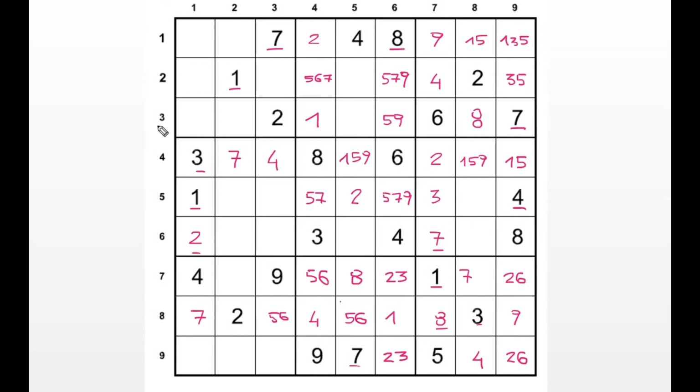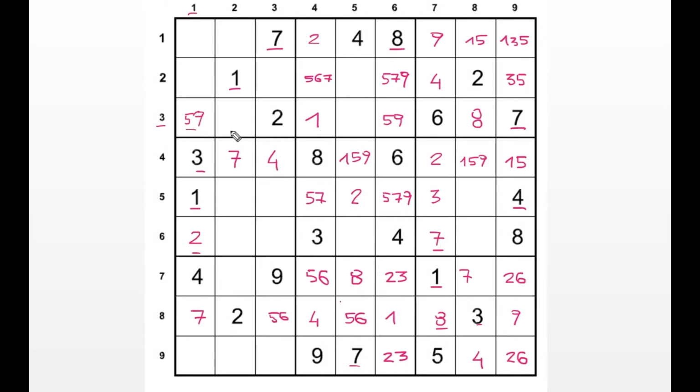Here in row 3 and column number 1, what are the possible numbers in this cell? There is no 1, 2, 3, 4, eventually will be number 5, 6, 7, 8, and here finally eventually number 9.